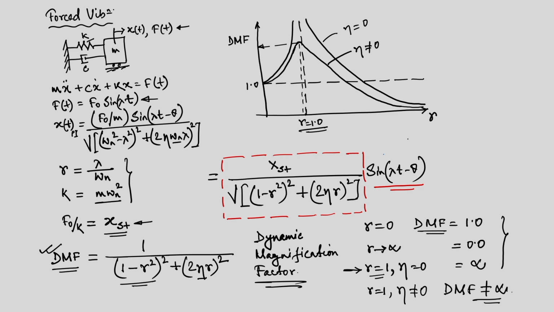Let us do that. So, we have D as our dynamic magnification, and that we have 1 minus R square whole square plus twice eta R whole square. Now, let us first differentiate.